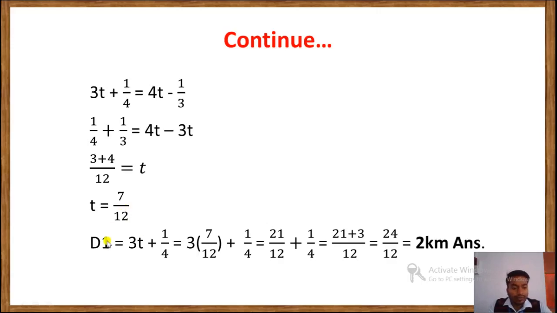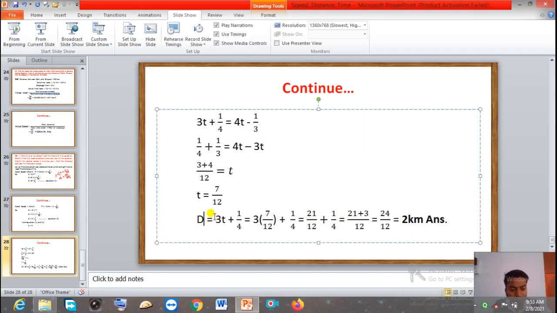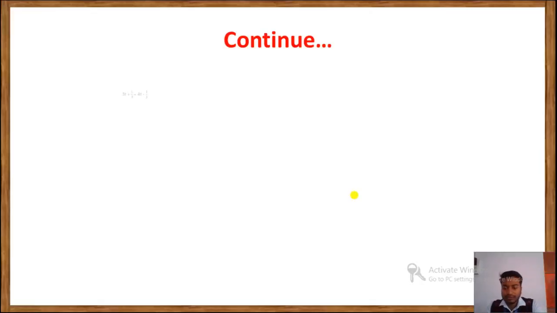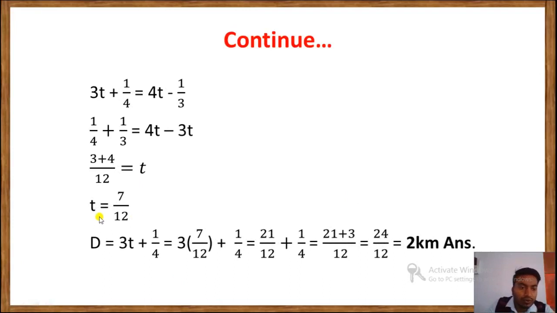Now we have to use the value of this t in any equation. Okay. So we are going to use equation number 1. So d equal to 3t plus 1 by 4. In equation 1 we got d equal to 3t plus 1 by 4. So t we have got here.